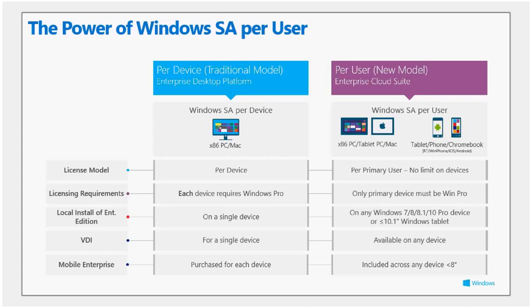Now, the local install is still limited to Windows Pro devices, with the exception being a Windows tablet smaller than or equal to 10.1 inches, which, even if it does not have Windows Pro pre-installed, does have local install rights. What you do get for any device, regardless of the operating system, is VDA rights to access Enterprise Edition through a virtual environment. And with per user, the Mobile Enterprise upgrade is included across any device.